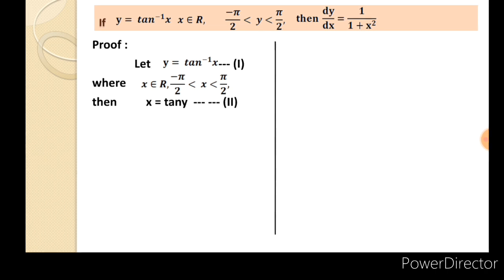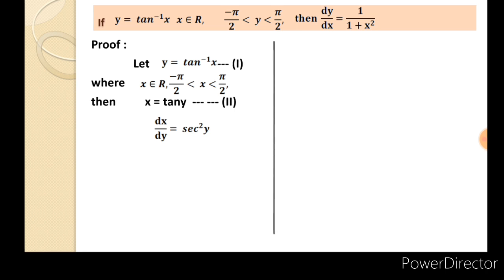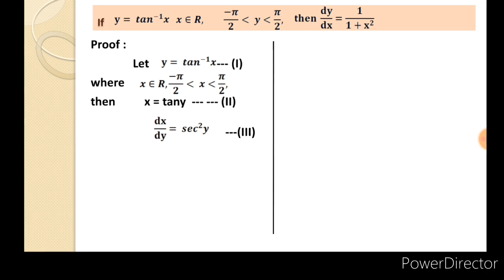Then x is equal to tan y. So we are getting x is equal to tan y there. And so dx by dy is equal to sec square of y. It is the derivative of tan y with respect to y.